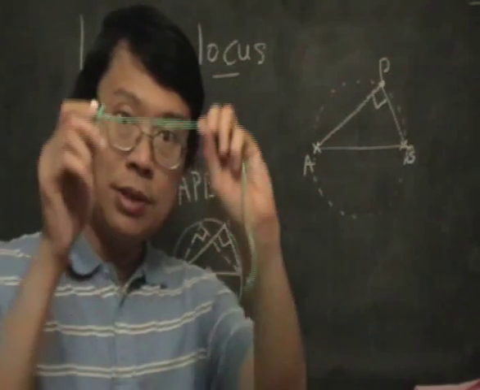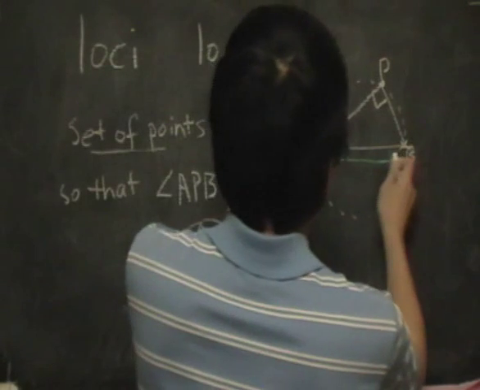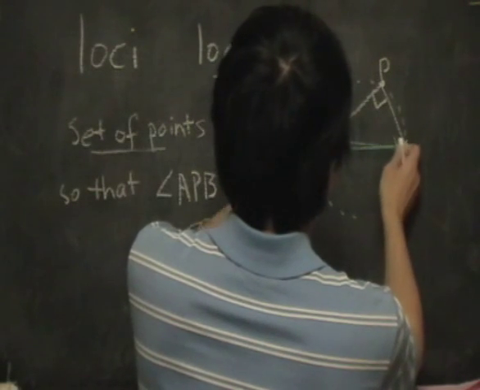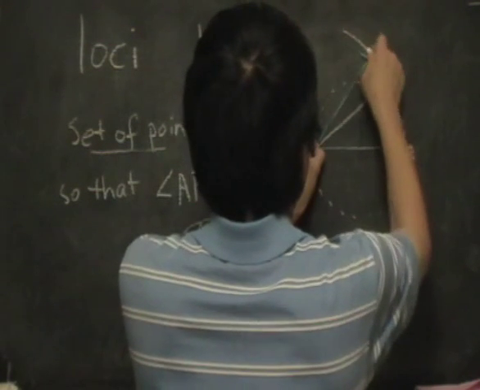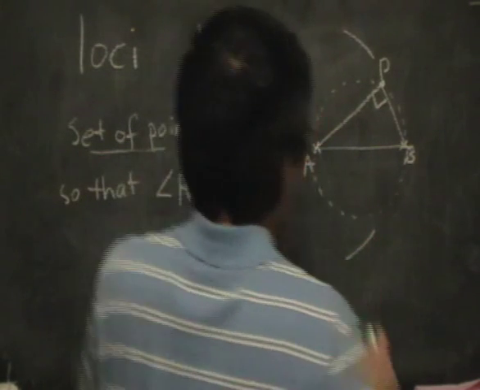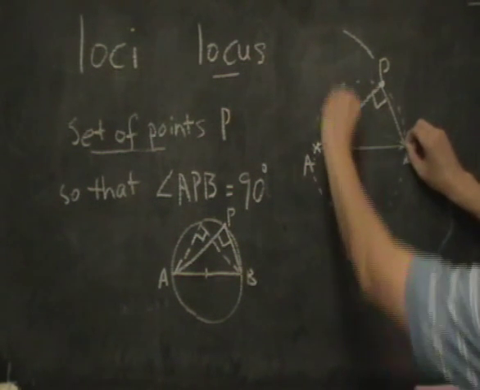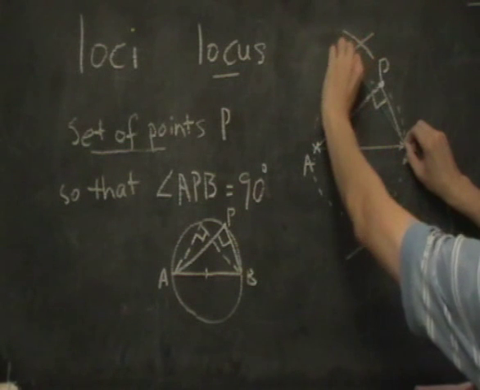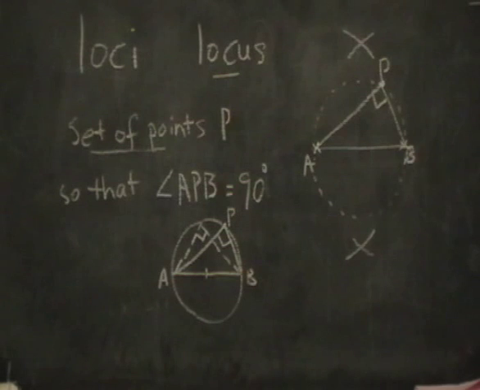Start with the compass, like that. Adjust it until it's roughly equal to AB. Draw two arcs, one up there, one down there. Go here, draw another arc, one up there, one down there.